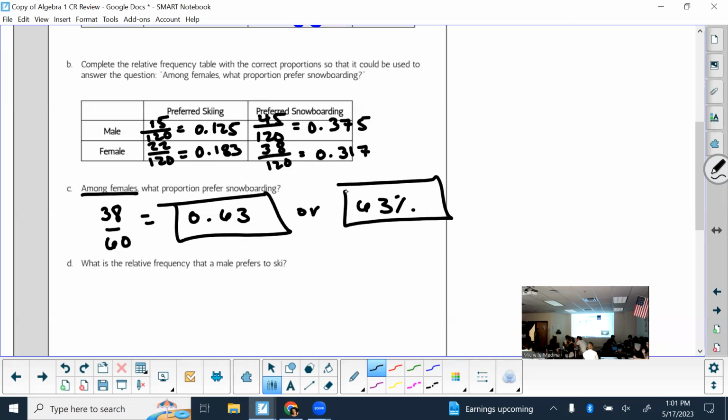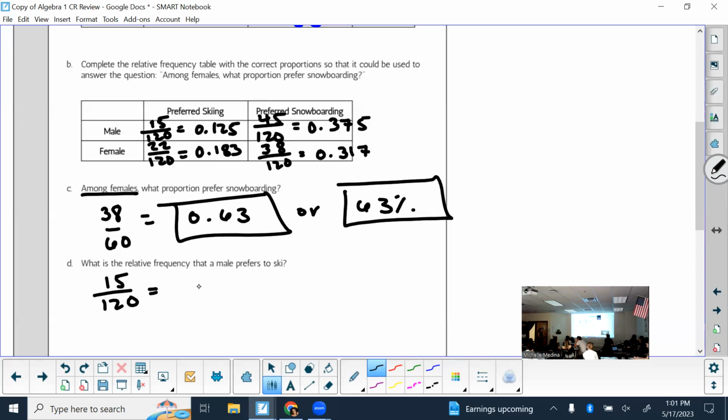So that a male prefers to ski. I think that one would be divided by the grand total. It's not necessarily always, it'll specify among people. Okay, anyone get anything different? Is it 15 divided by 120?